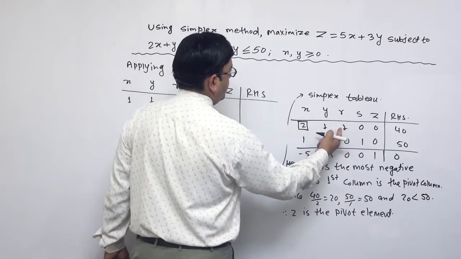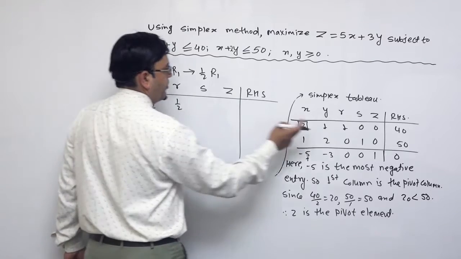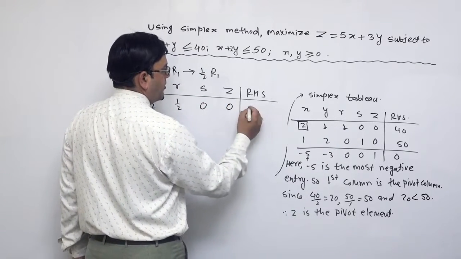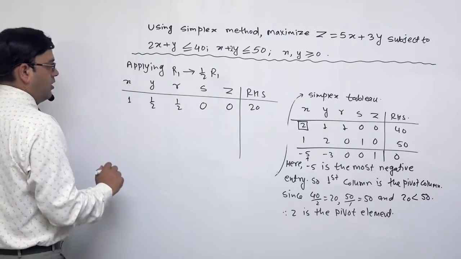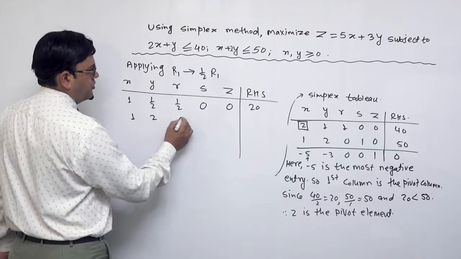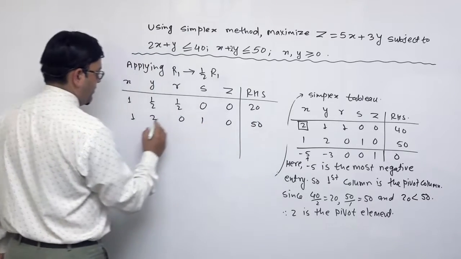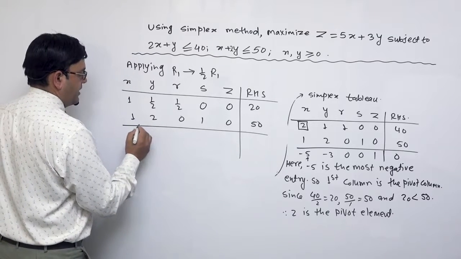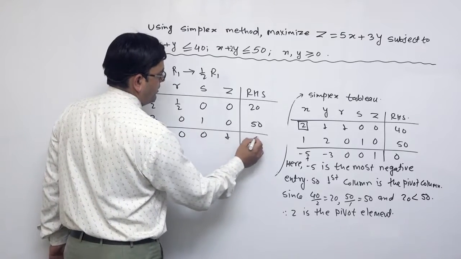R is also 1/2. And then we have S, 0. So 0 times 1/2 is 0. And then Z is also 0. And then 40 times 1/2 is 20. The 2 cancelled the 40. We have again 1, 2, 0, 1, 0, and then this one is 50. And the third row is same: minus 5, minus 3, 0, 0, 1, and then 0.